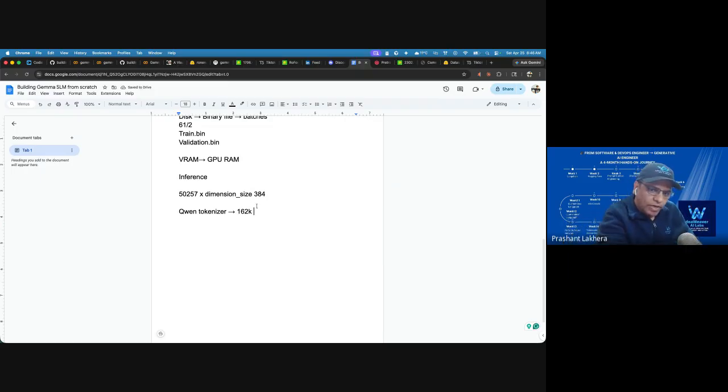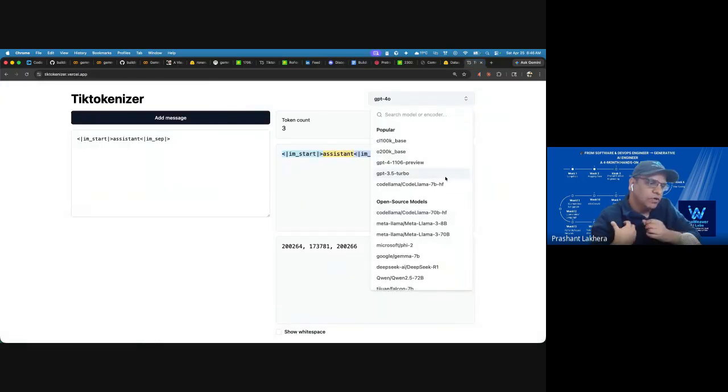But in Qwen, you have the multilingual capability, it even has the Chinese language, the Indian languages, and some European languages like French and German. For this use case, I know that I'm building only for the English language. So in those cases, this 162K is kind of an overkill. So what you have mentioned is absolutely correct: you need to know your use case, and then you can choose the tokenizer.